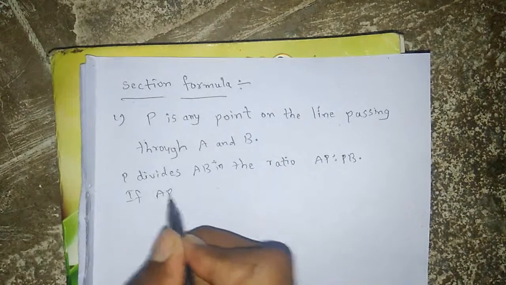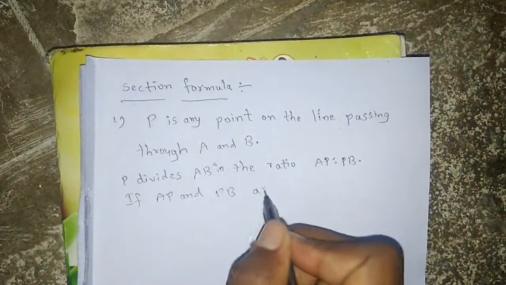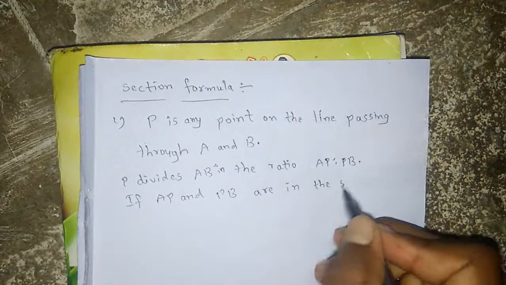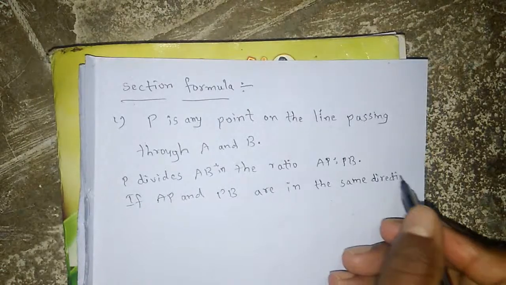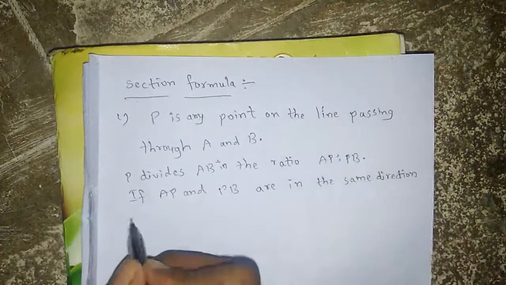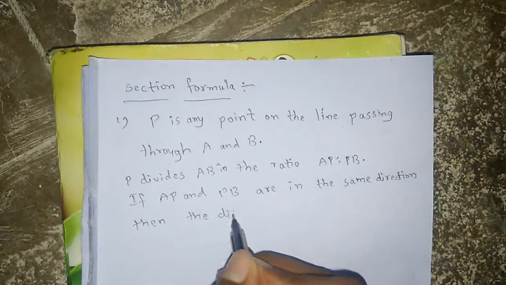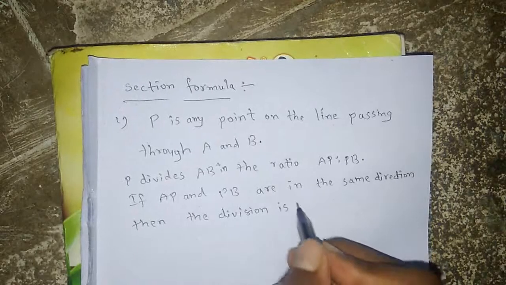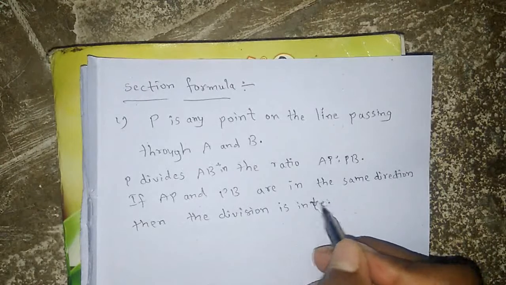If AP and PB are in the same direction, then the division is internal.